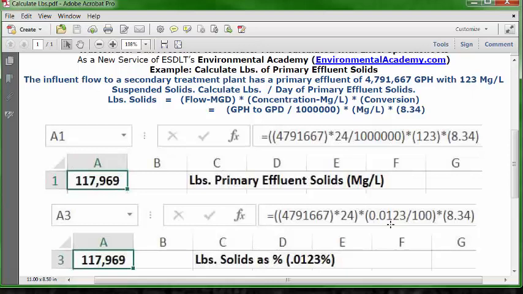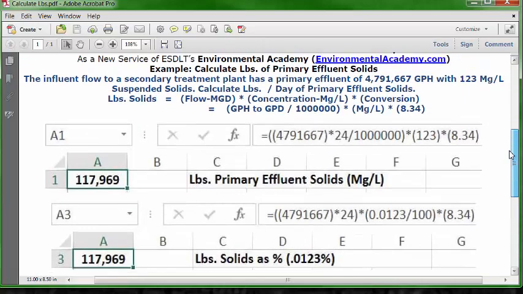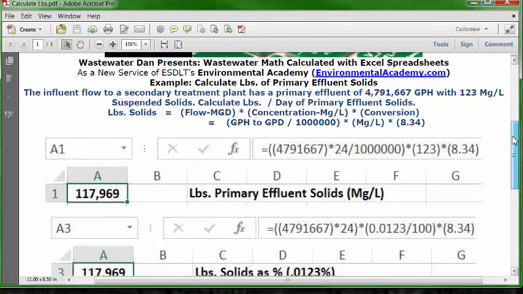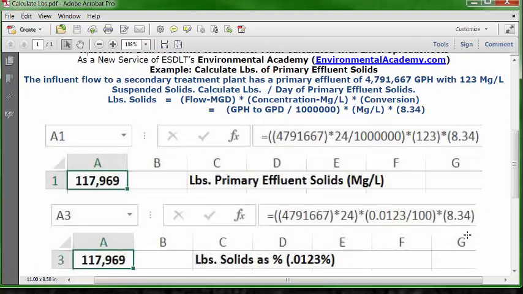Now another way to do it, since we know that we're dividing by 10,000, which is 4 decimal points, to get the percent, and we know we're dividing by 100, or moving it 2 decimal points to get the decimal equivalent, a one-step process to go from milligrams per liter to the decimal equivalent of a percent is divide by a million.